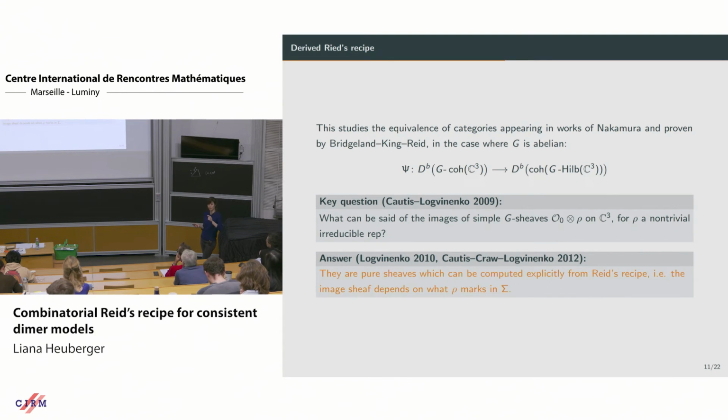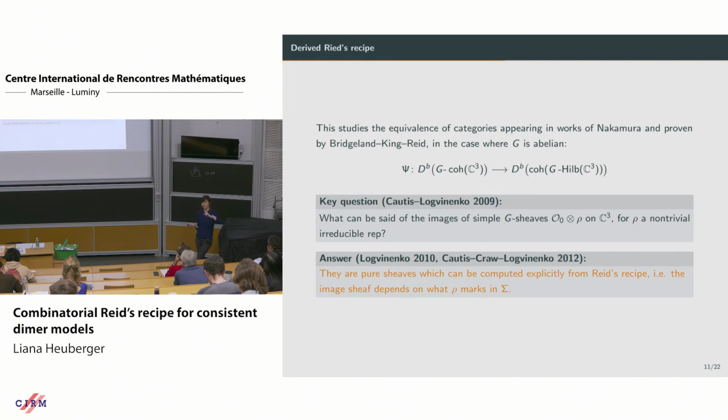In particular, these are complexes of sheaves, right? You send this sheaf, it could land in a complex of sheaves, but in fact they prove, so Cautis, Craw and Logvinenko, in the highest generality for this case, that the result is actually a pure sheaf, it's not a complex.